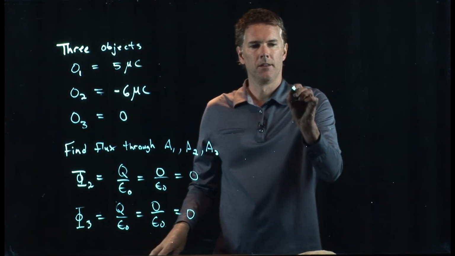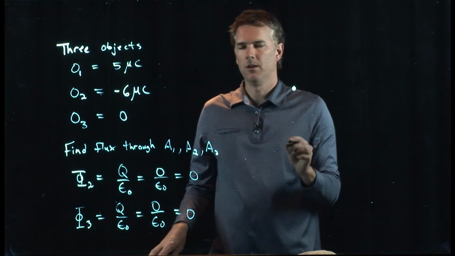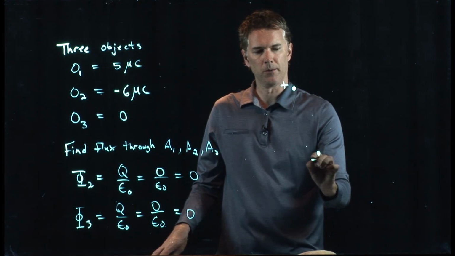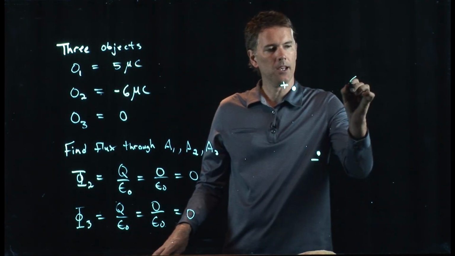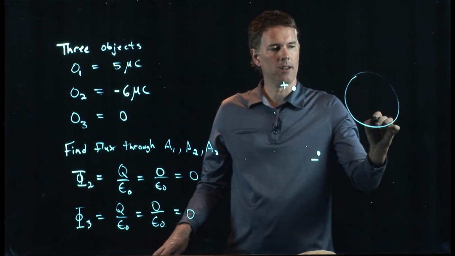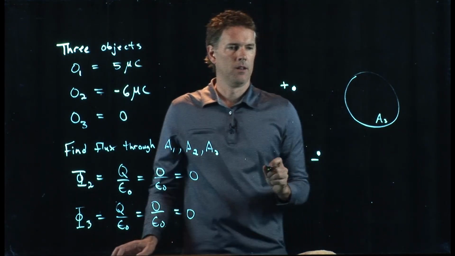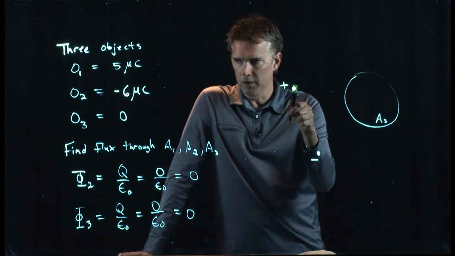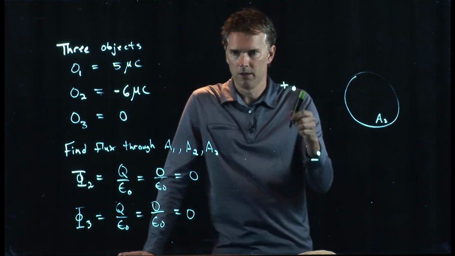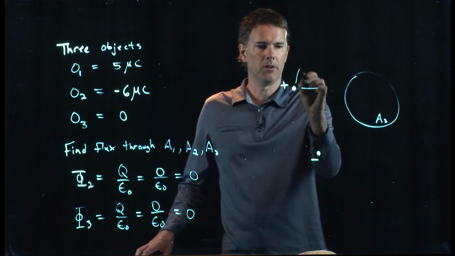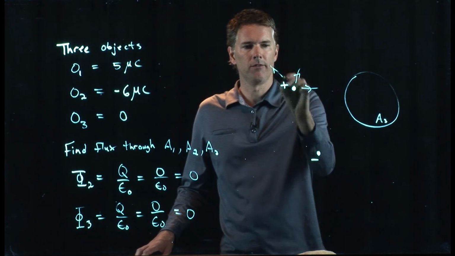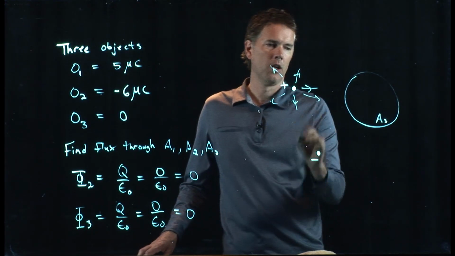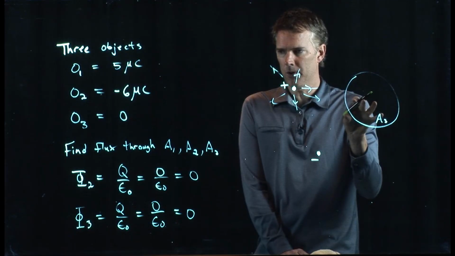And let's draw O1, which we said was a positive charge, O2, which we said was a negative charge, and here is our area, A3. I have a positive charge sitting right here. Are there electric field lines coming out of that positive charge? Absolutely, right? We know what it's doing. They're pointing radially out from the charge, like so. A few of those are pointing right at A3.